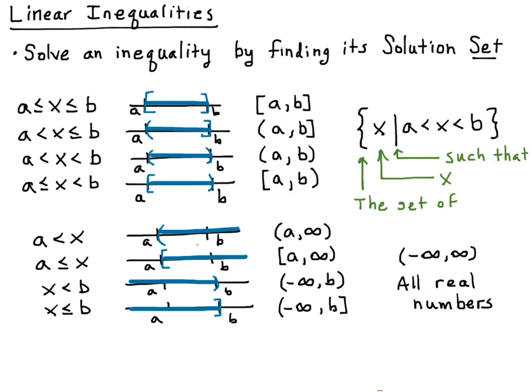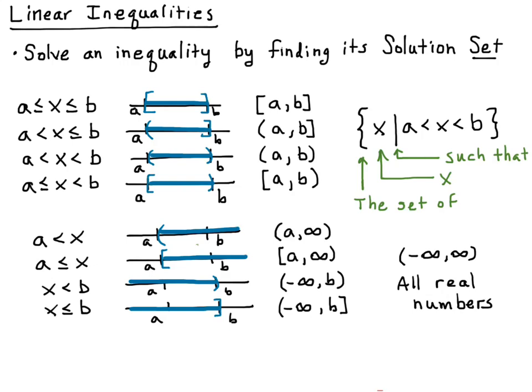It looks like a big bolded capital R, except that it's hollowed out. If I write it on the board, it'll be like that. That also means the set of real numbers. You don't have to put curly braces around that, because then this would mean the set of the set of real numbers. That may make sense to you, but it's really not necessary. That is just the set of real numbers.